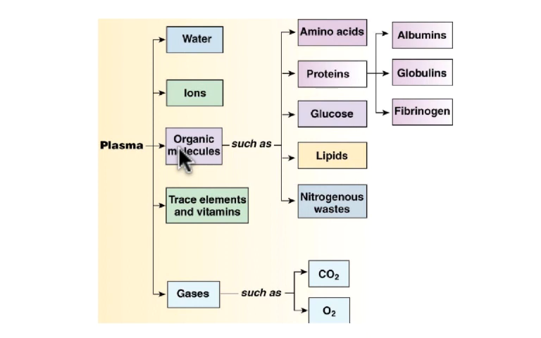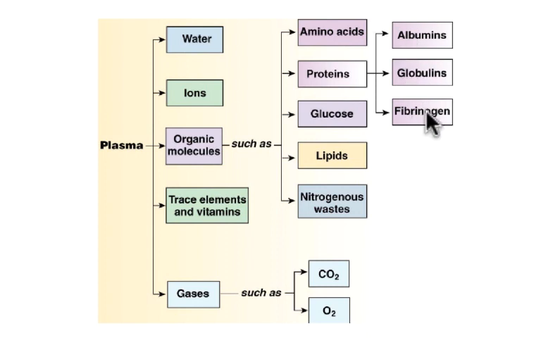We know organic molecules contain carbon, so amino acids, protein, glucose, lipids, and nitrogenous waste like urea are all considered organic molecules. Among these, probably we have to focus on protein. There are many different types of proteins inside the blood. Here you can see only 3 of them: albumin, globulins, and fibrinogen.